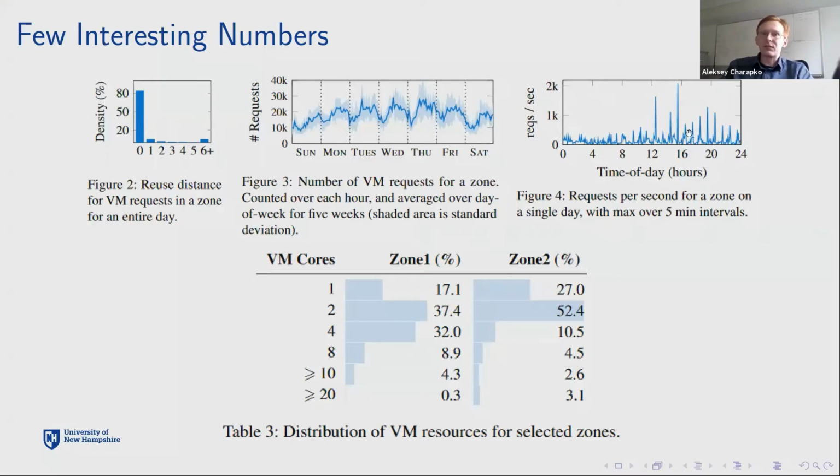So in that particular second, Protean has to find a place for 2,000 plus different virtual machines. That's one of the design decisions for Protean, in the sense that it needs to be able to scale to handle spikes like this.